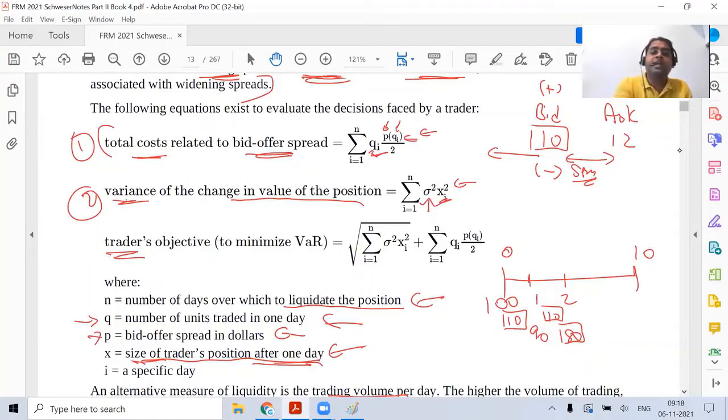That is what the second formula wants to highlight. In a normal position, at level one, we talked only about variance. What is extra over here is that this is not a normal situation where we are selling everything in one go. We're selling in parts.